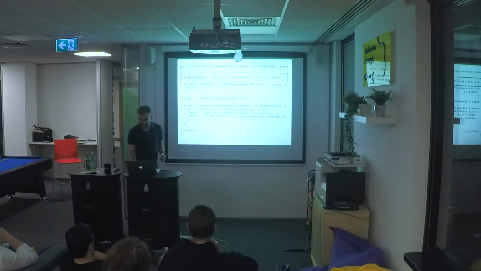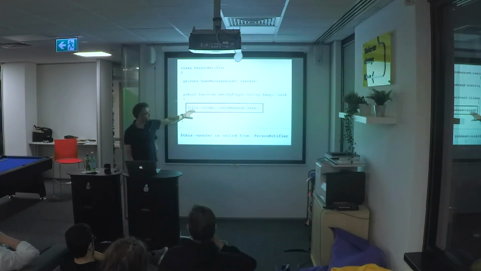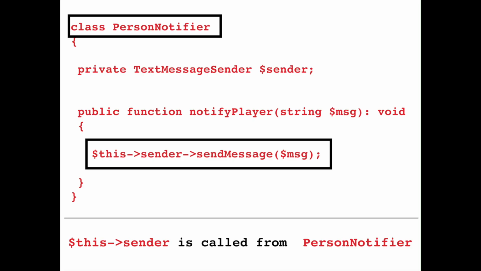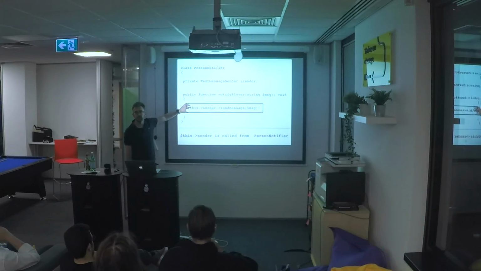So if we see what's going on here, we've got this method called here, and we want to know what class we're in that we're calling this from, okay? So we're in class person notifier. So this sender is called from person notifier. So we know the context of this call is within the class person notifier.